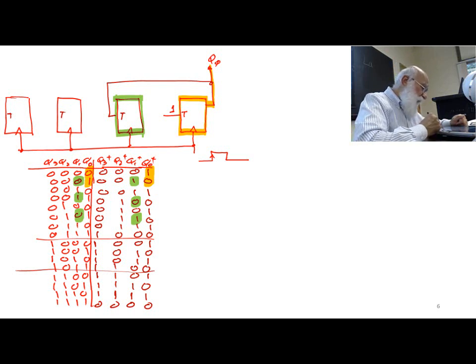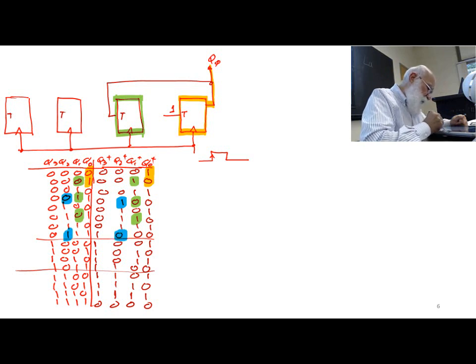Now let's look at the next one, flip-flop number 2. It also toggles, but less frequently. Okay? It toggles here.